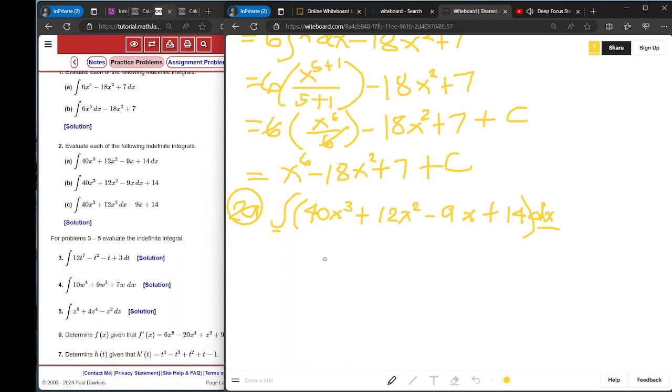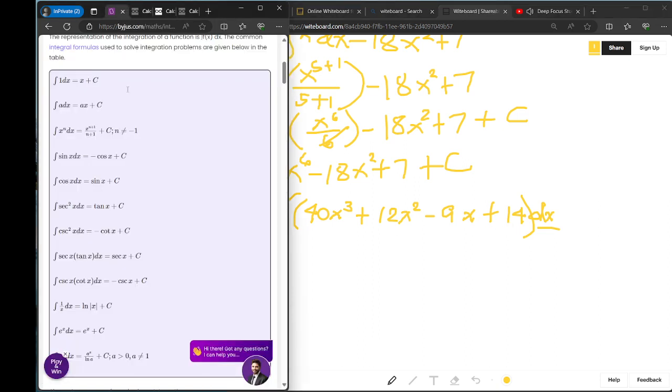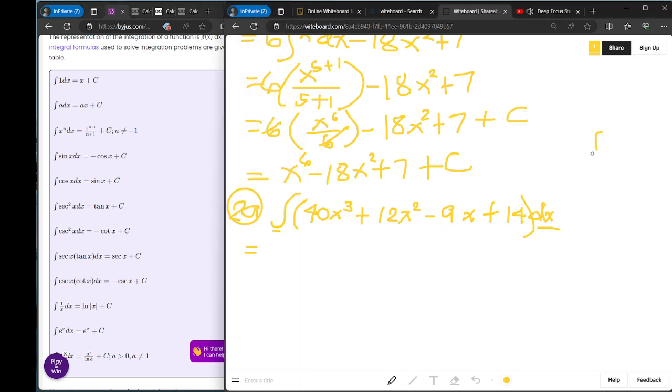Anyway, let's go back. So we have this one. So we have to take note of the rules, especially these first three, since these are the given problems. So we have the integral of 1 dx, or just dx, is equal to x plus c.